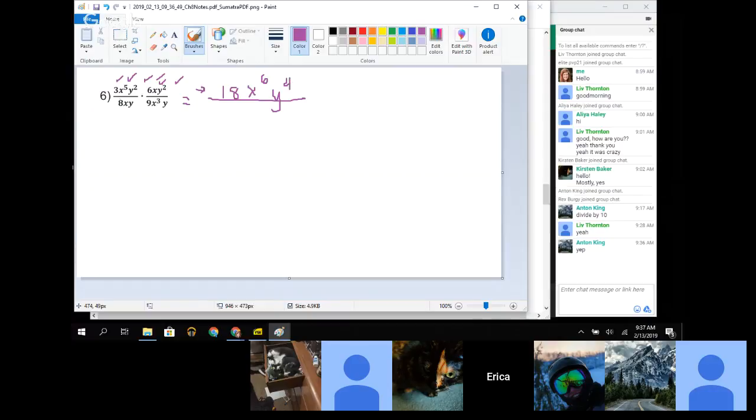And the denominator, we have 8 times 9, which is 72. x times x cubed, which is x to the 4th. And y times y, which is y squared. So one option is you can multiply the numerator and the denominator, and then you can cross off, right? 18 goes into 72. How many times? I don't think it goes in evenly, does it?